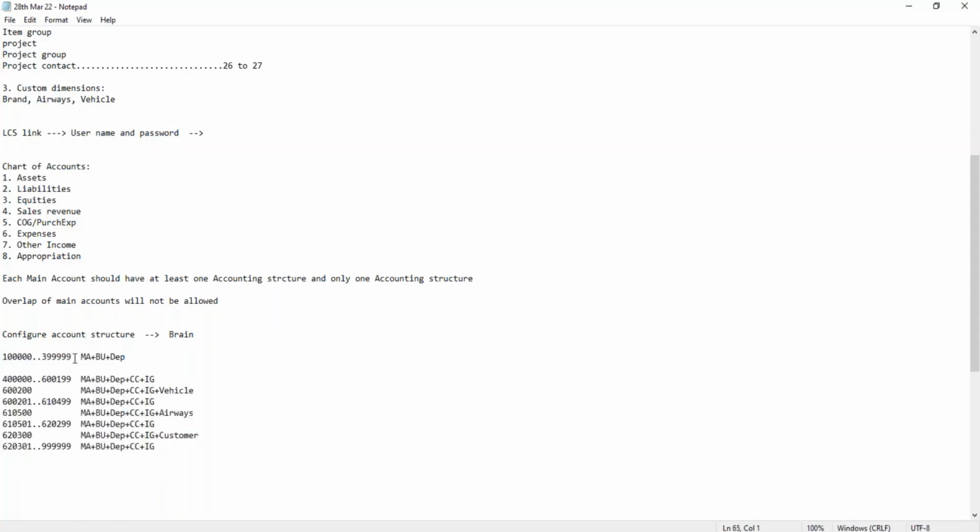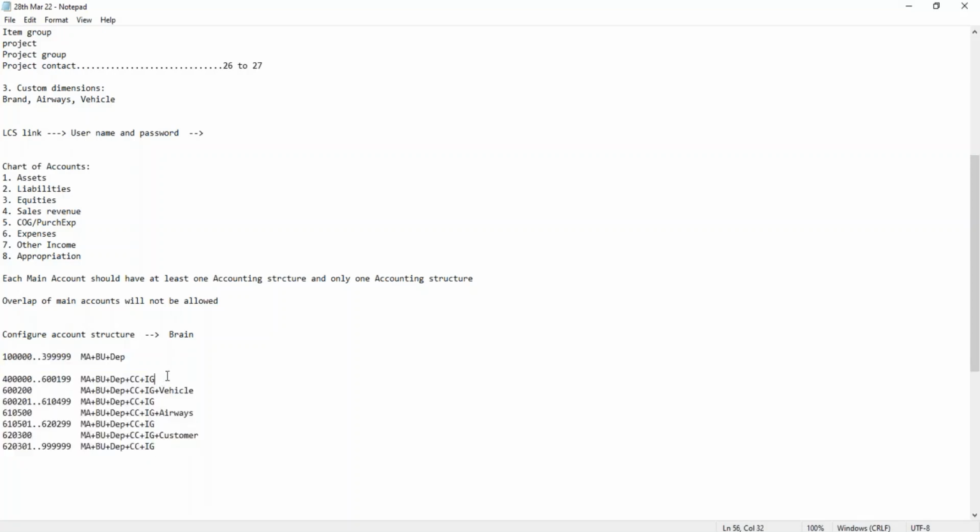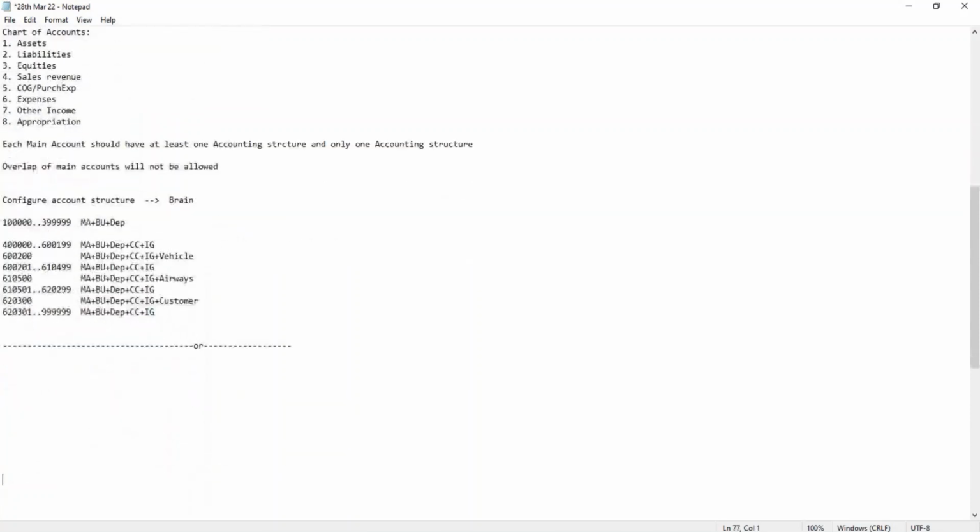I need to modify. So rather than this normal procedure, what I'm doing is creating only two structures, and I will map 2 to 9999.